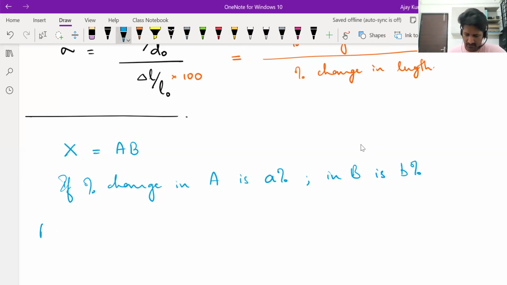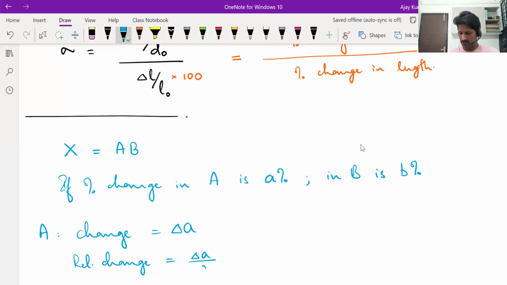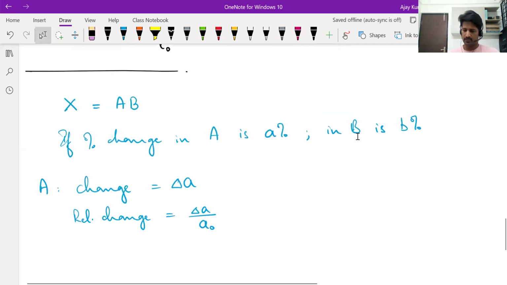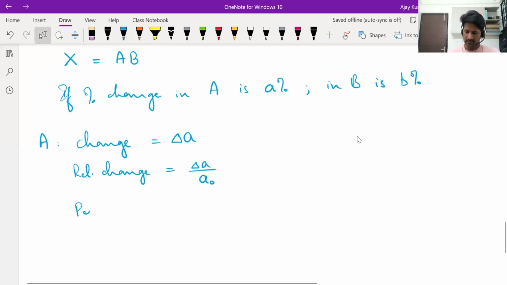Consider the quantity A itself. Change in any quantity is written as delta of that quantity. Now, if you want relative change, it is change divided by the original value. And if you want percentage change, it is relative change into 100.